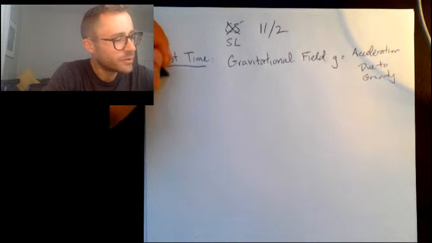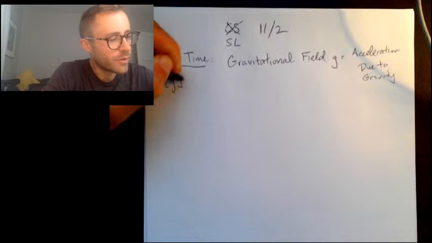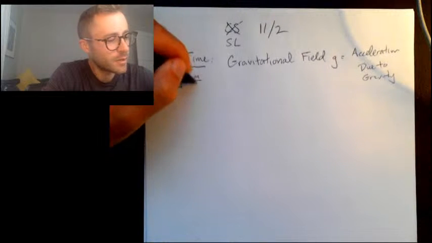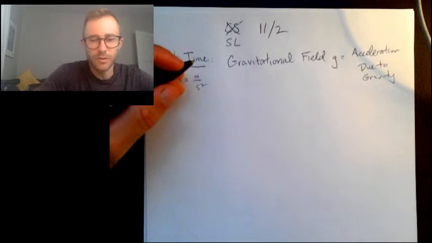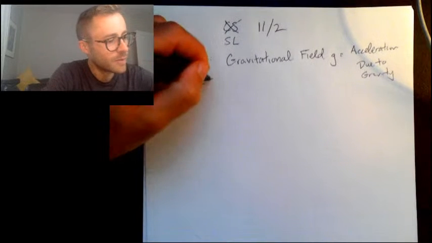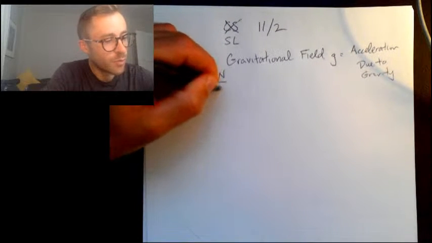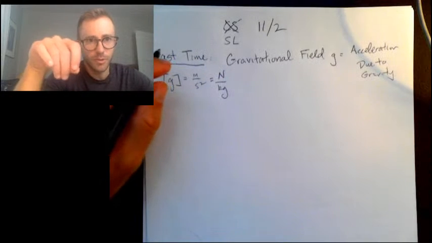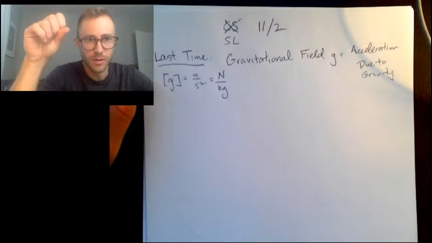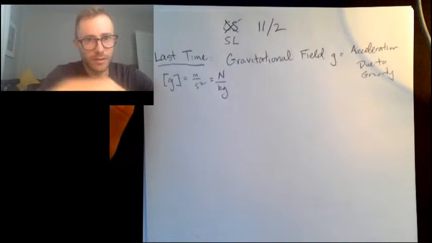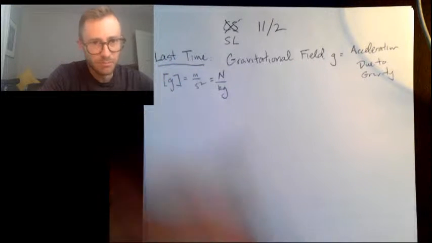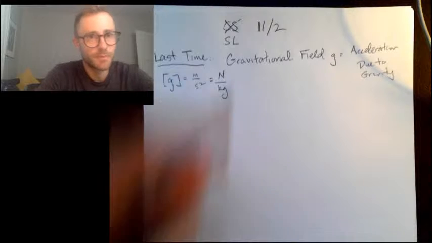The units of gravitational field are therefore meters per second squared. But when we're discussing gravitational fields, we typically would say that the units are newtons per kilogram. So 1 newton per kilogram is completely equivalent to 1 meter per second squared. It's just sometimes you put it in a different unit to emphasize an aspect of it.